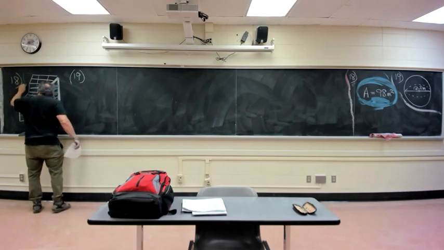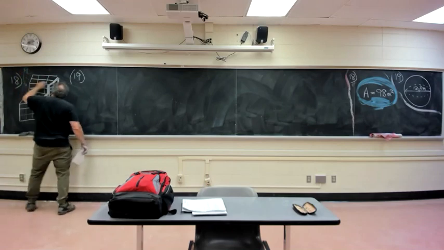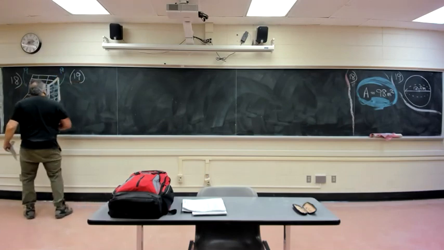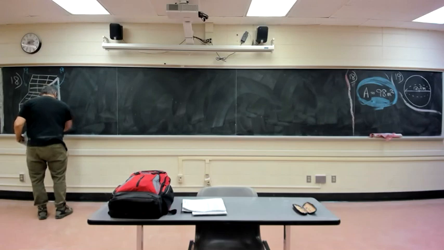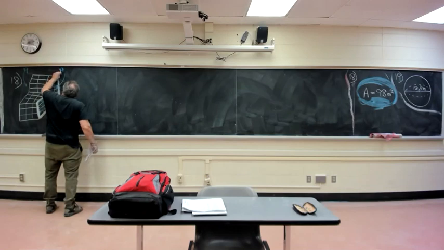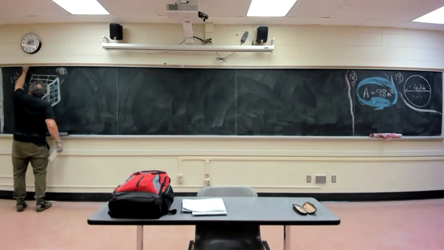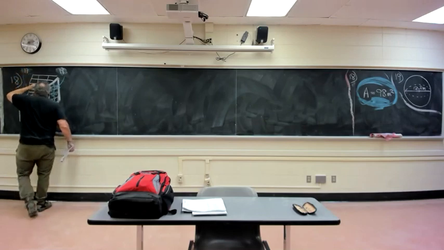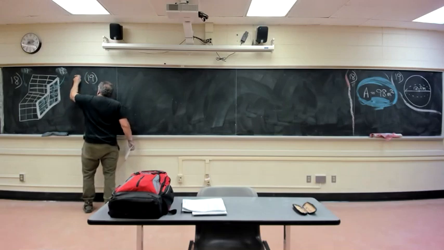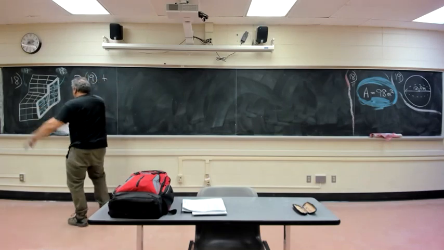And on this side, there's 19. So there's 19 here, and there's 19 there. Okay, 19 here, and 19 here. So 19 and 19, it's 2 times 19, and you got all that.